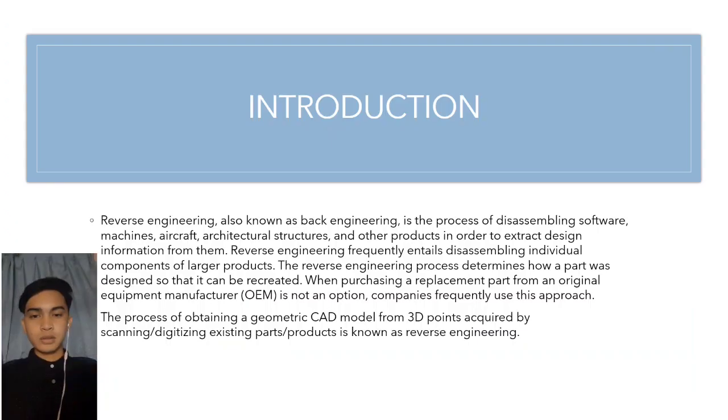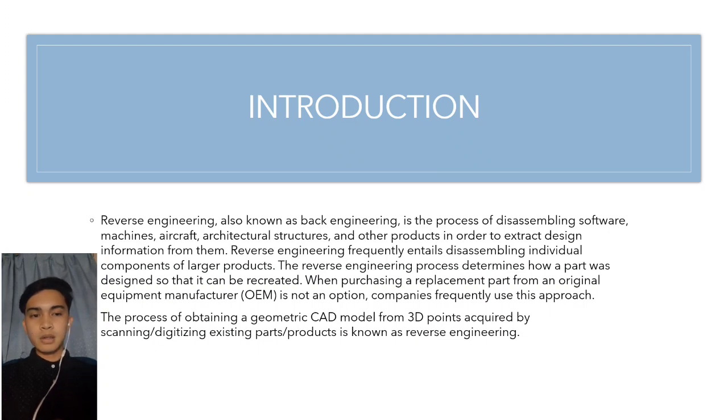So first off, we will start with the introduction of reverse engineering. Reverse engineering, also known as back engineering, is the process of disassembling software, machines, aircraft, architectural structures and other products in order to extract design information from them.